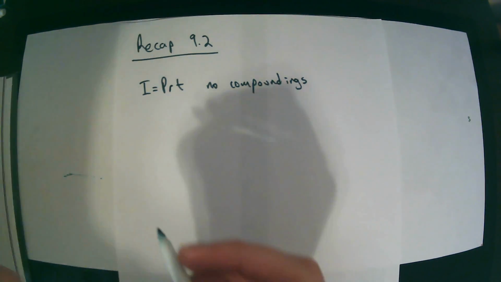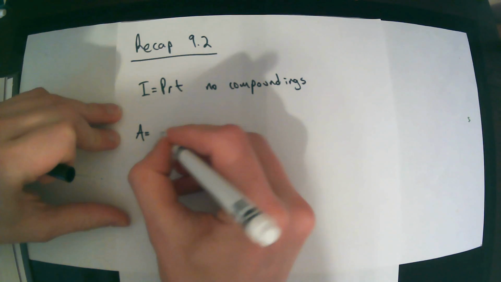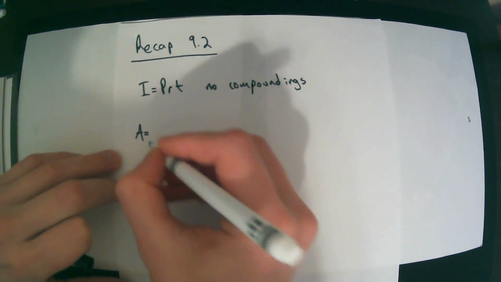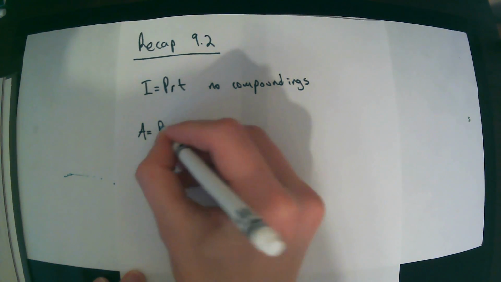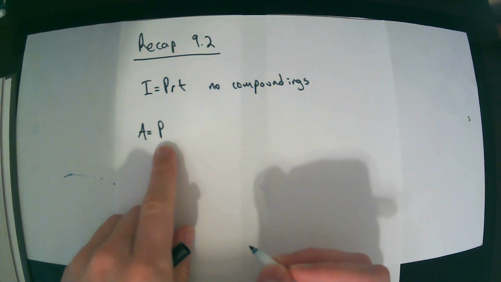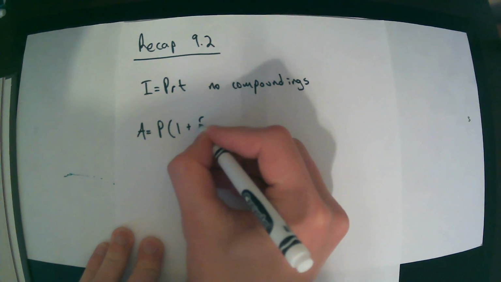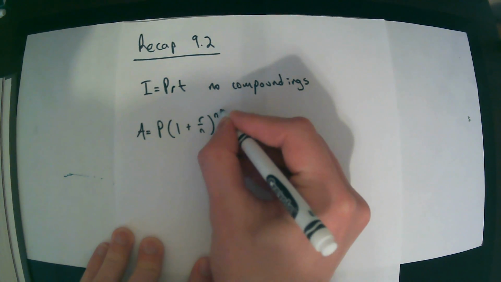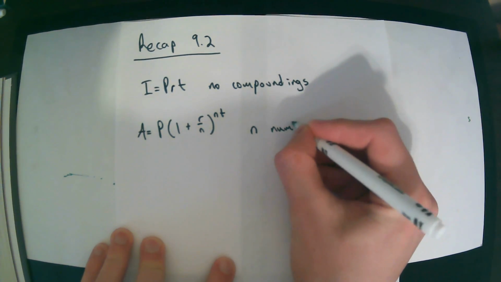Then we have interest that is compounded, which is quite a bit more involved. This is going to be A, for amount, is equal to the principal, so your starting point, times 1 plus r over n, raised to the nt. This is with n number of compoundings.